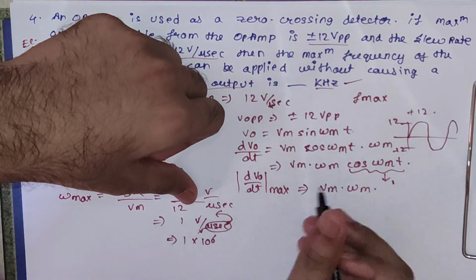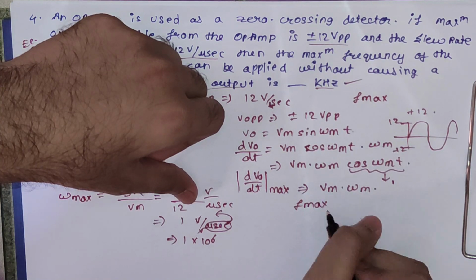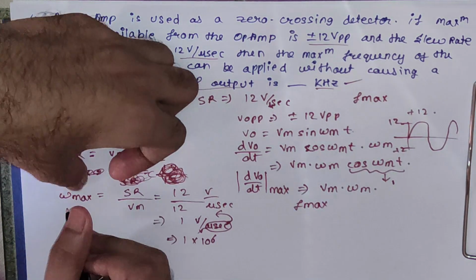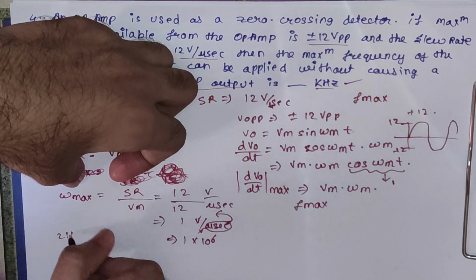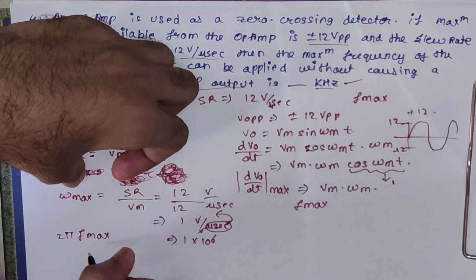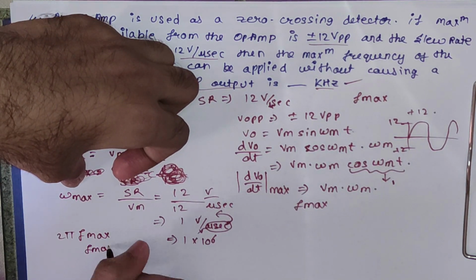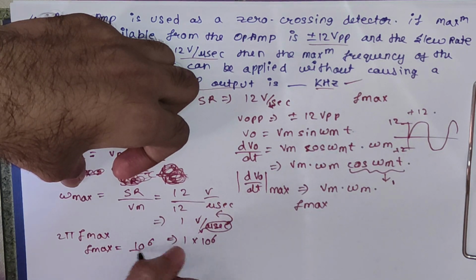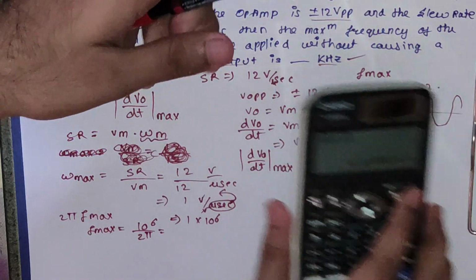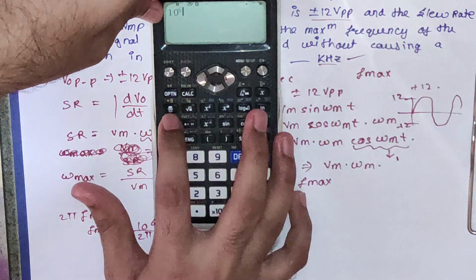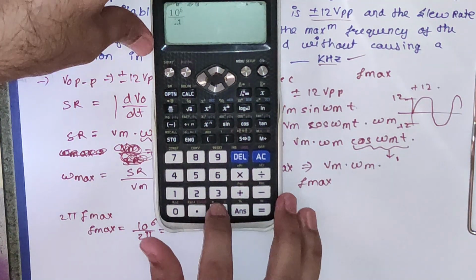Since we want f max, we have to convert this omega max into f max. We know omega can be written as 2 pi f max. So f max will be 10 raised to 6 upon 2 pi.